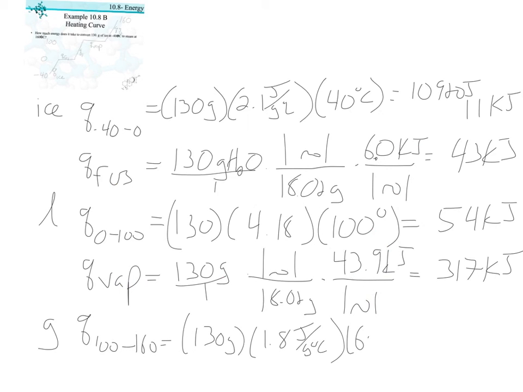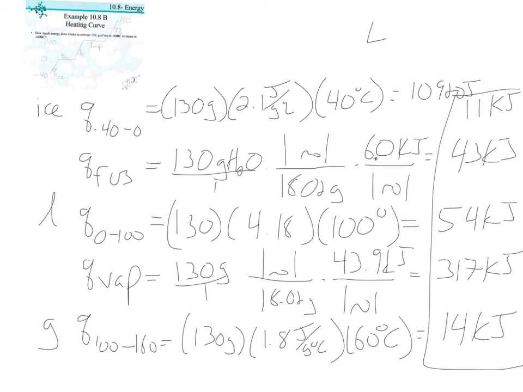And this is going to be a 60 degree change for a total of 14 kilojoules. Okay, we add all of these up, and we get our grand total. It takes 439 kilojoules of energy to take 130 grams of ice and turn it into steam at 160 degrees.